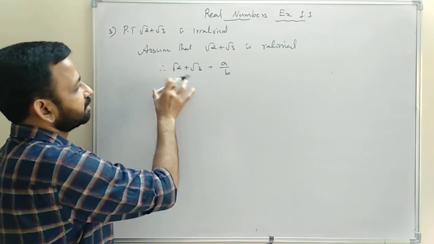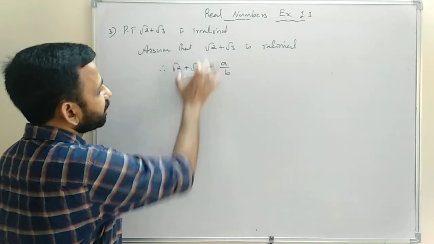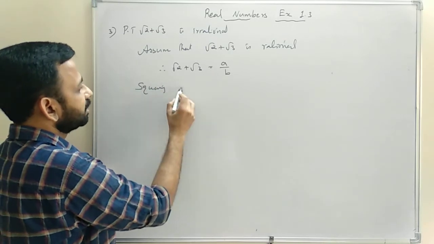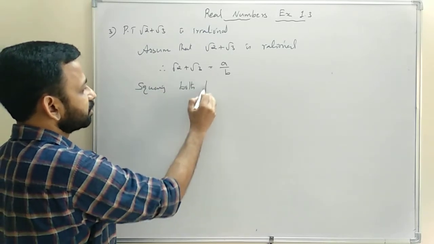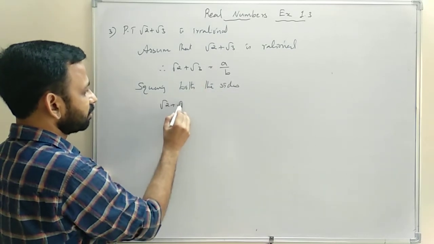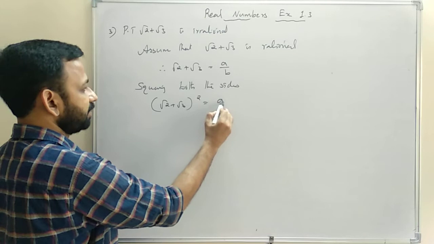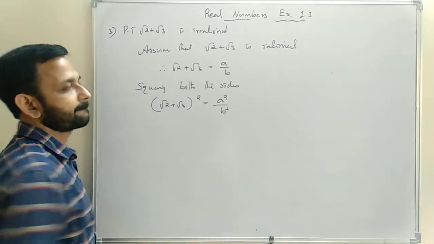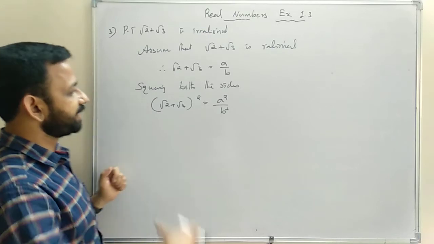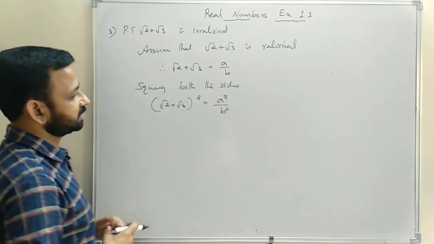So here we can take the square of LHS and RHS, squaring both the sides. That is, root 2 plus root 3 whole square equal to a square upon b square. Then we will get a rational number on one side and an irrational number on the other side.